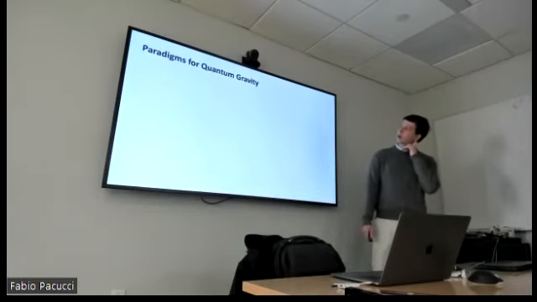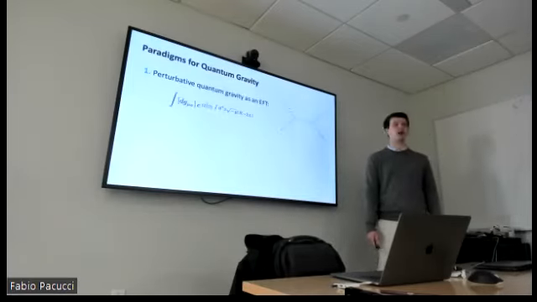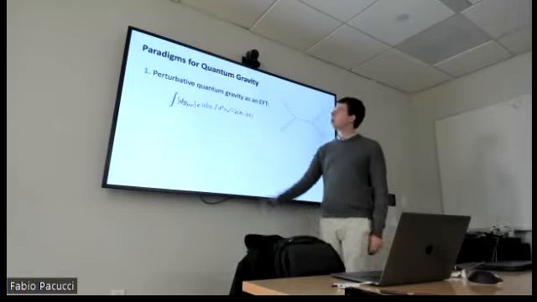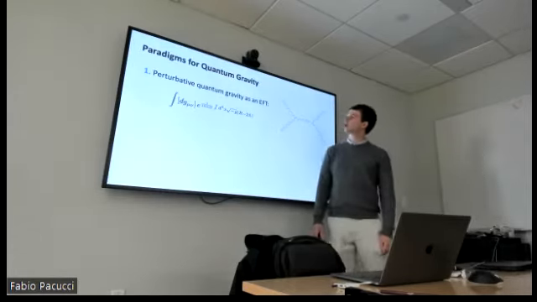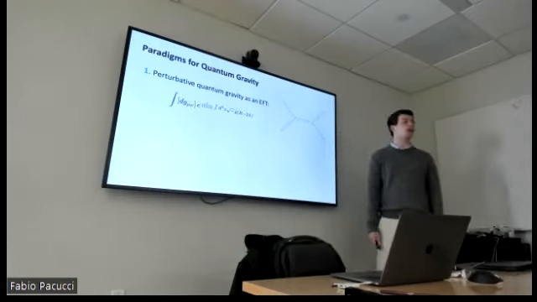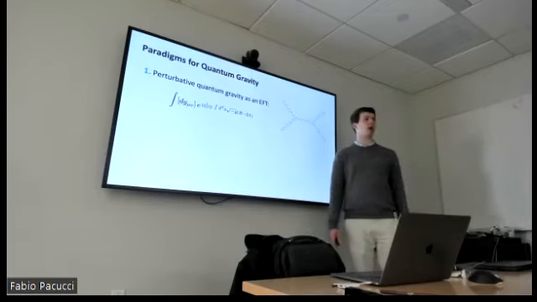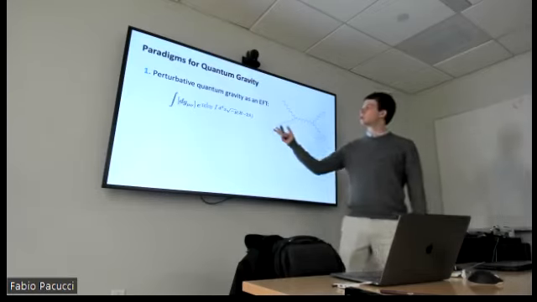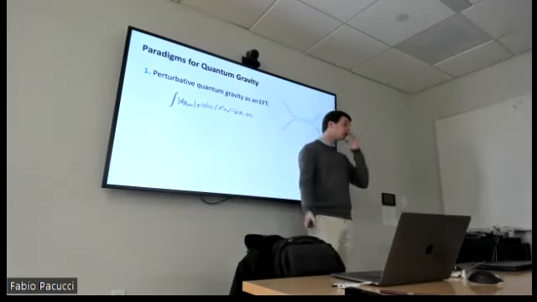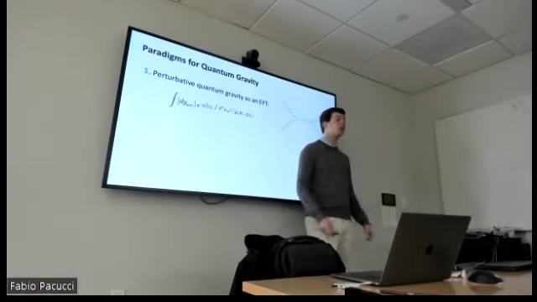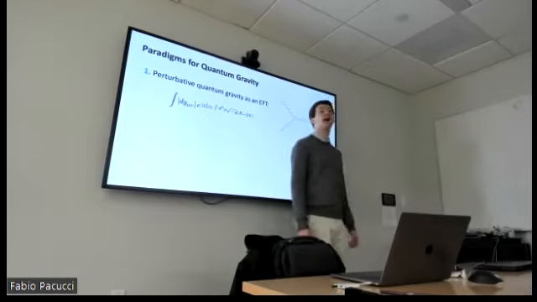So there are two, I would say, main paradigms for quantum gravity, or at least two that I would like to discuss. One is the context of perturbative quantum gravity as an effective field theory. This is the paradigm in which we've been working so far. Namely, what you do is that you look at a space-time that you're interested in, maybe a black hole, maybe a flat space, and you look at tiny little fluctuations around it, and then you define the eigenvalues.